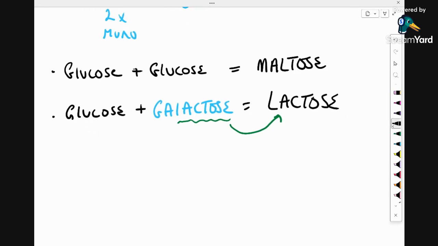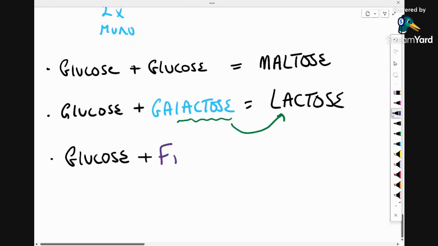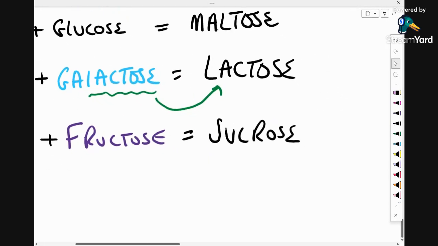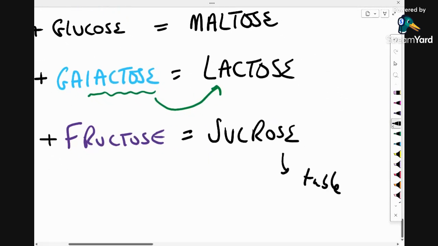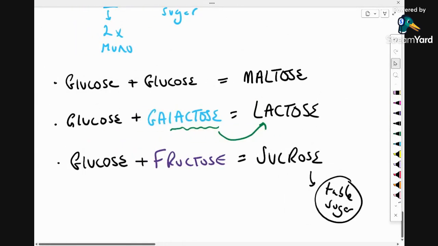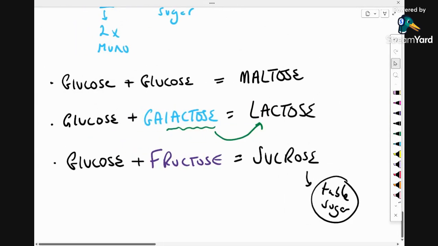The third one you need to know is that if we take glucose again, and instead of adding lactose or glucose, I'm going to do it in a different color here, we actually add fructose, we make the disaccharide sucrose, which, if you're interested, is table sugar that you'd find on the table. You need to know these 3.